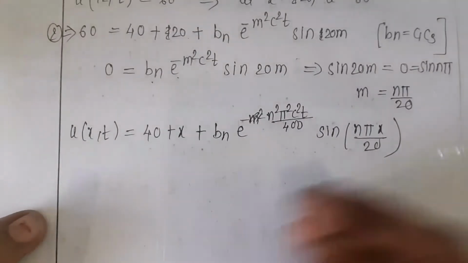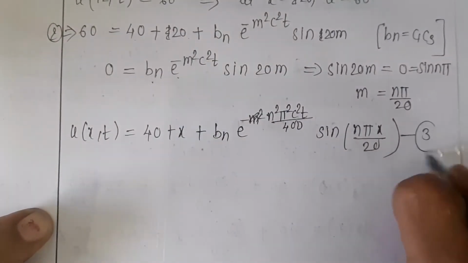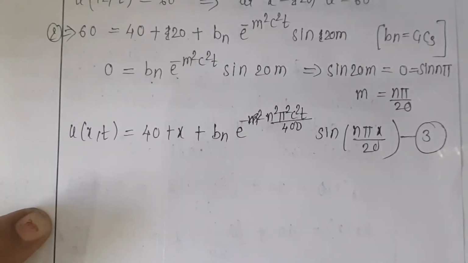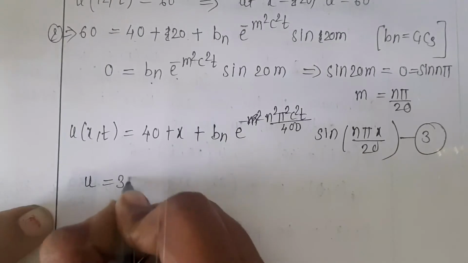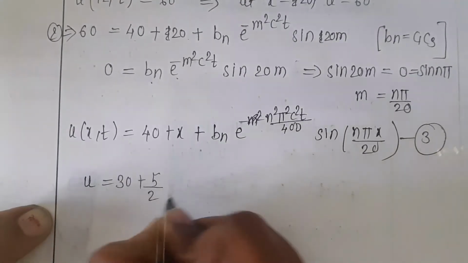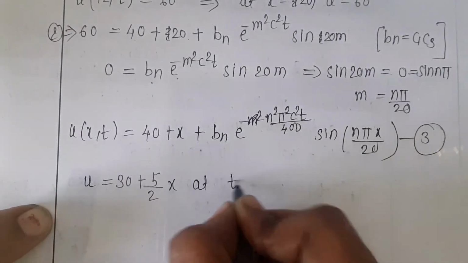Now next we give this as equation number 3, and the last boundary condition which is given is u is equal to 30 plus 5 by 2 into x at t is equal to 0.